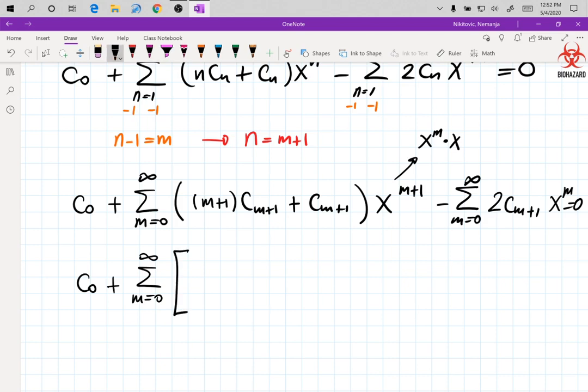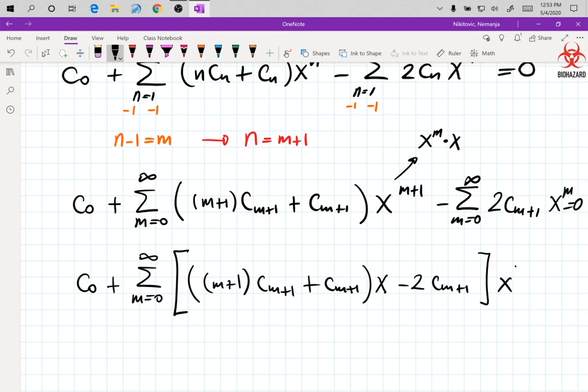There we go. I have m plus 1, cm plus 1, plus cm plus 1, all of that times x, minus 2 cm plus 1 times x to the m equals 0. I think we combined it all. So this is the coefficient times x, the x to the m kicked outside, minus from the other series, we have 2cm plus 1. Yep.